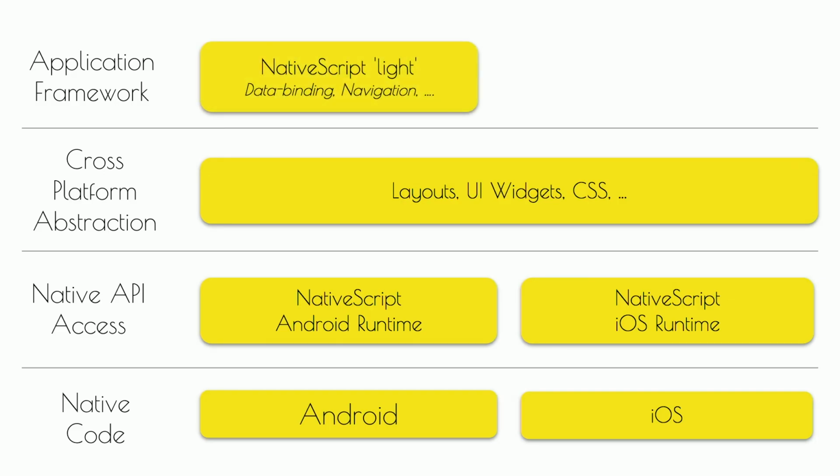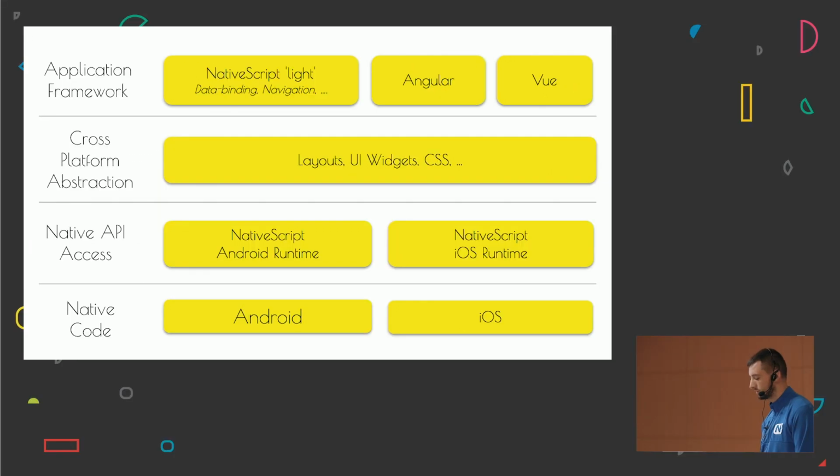Above that, we have a simple application framework, the NativeScript one, which includes data binding, navigation, and stuff like that. Of course, we can use Angular and Vue. As of now, the community of NativeScript has even provided support for frameworks like React or Svelte, if you have heard of them, but mainly NativeScript is nowadays used with Angular or Vue.